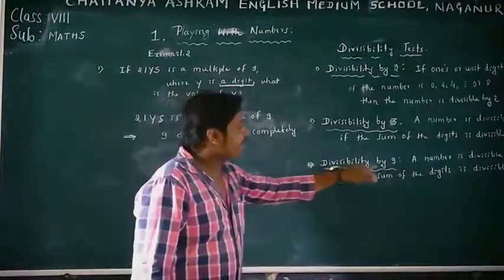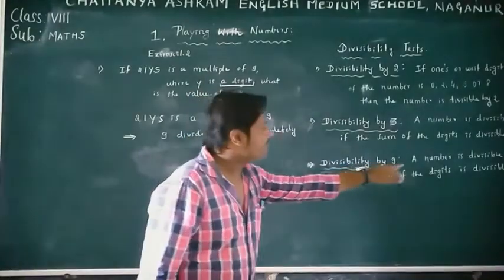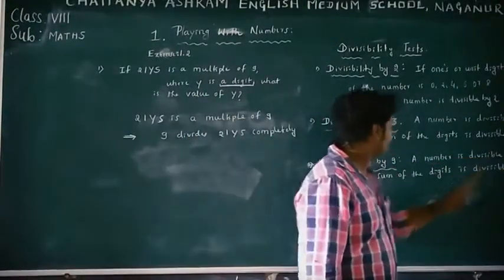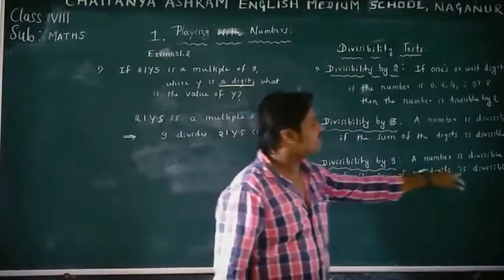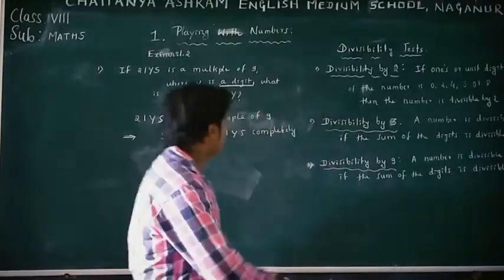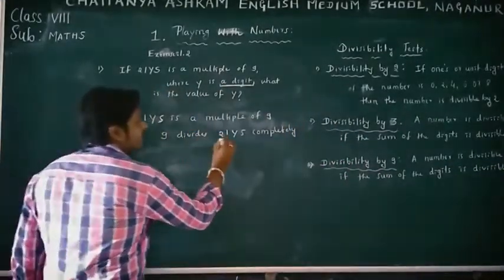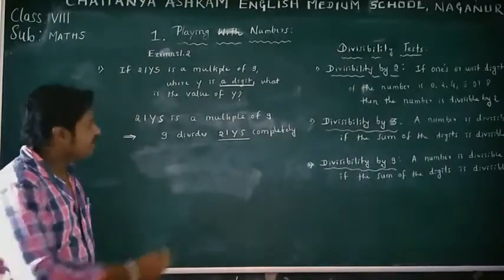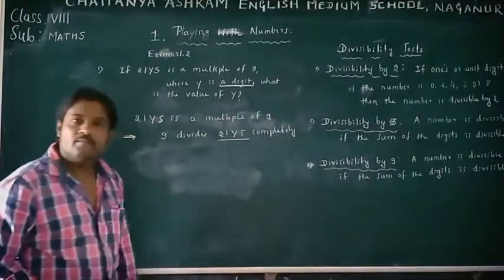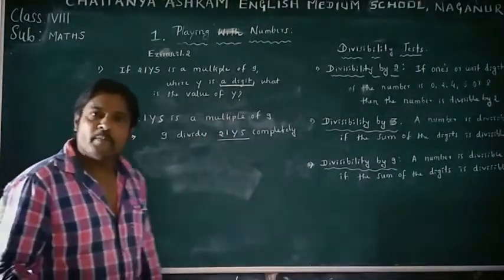Observe the divisibility rule of 9. A number is divisible by 9 if the sum of the digits is divisible by 9. So 9 divides this number, which means the sum of the digits is also divisible by 9.